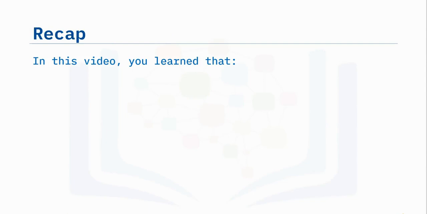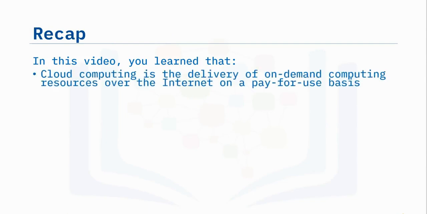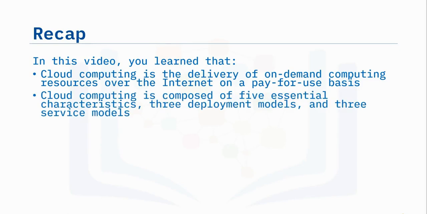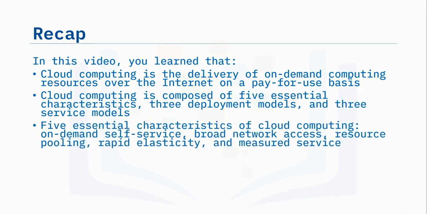In this video, you learned that cloud computing is the delivery of on-demand computing resources over the internet on a pay-for-use basis. Cloud computing is composed of 5 essential characteristics, 3 deployment models, and 3 service models. The 5 essential characteristics of cloud computing are on-demand self-service, broad network access, resource pooling, rapid elasticity, and measured service.